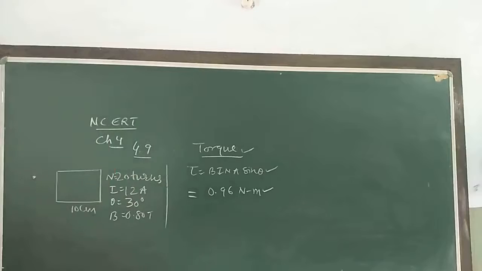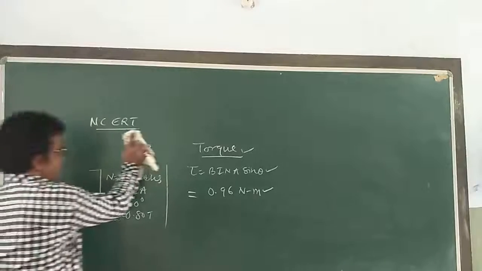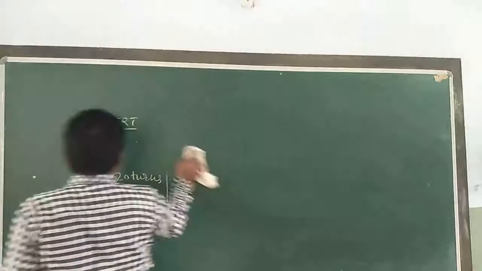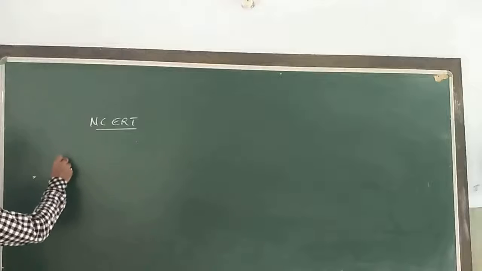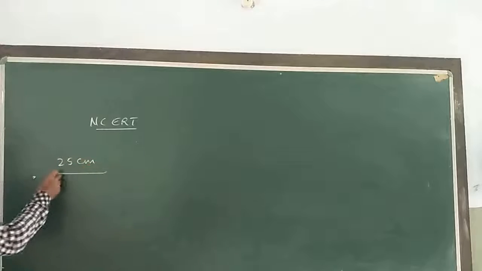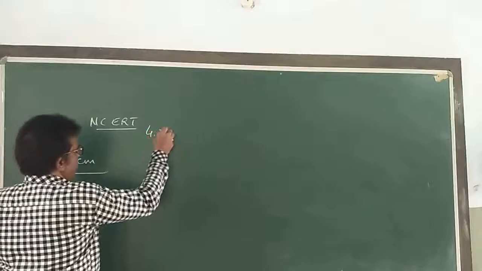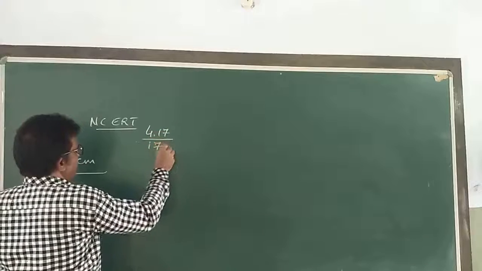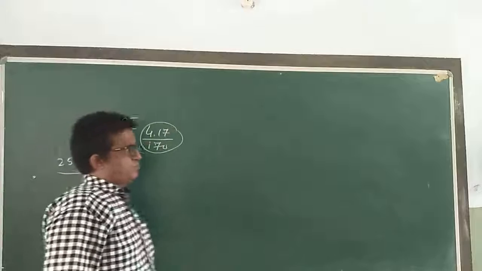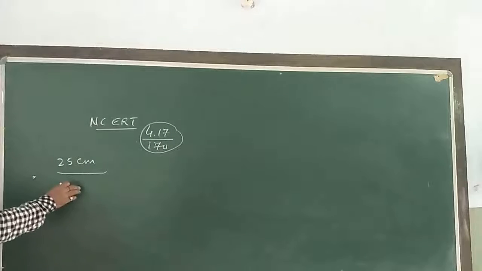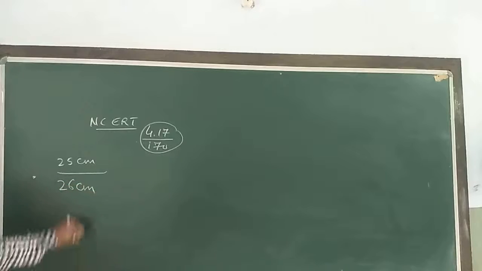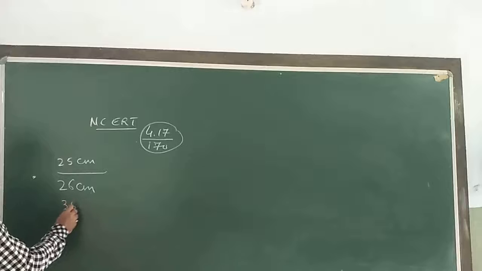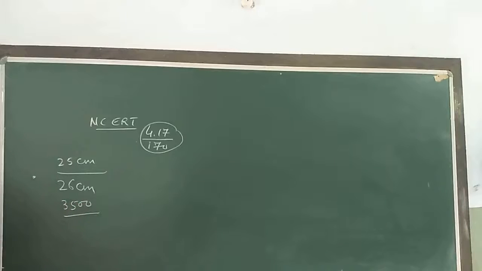A toroid has a core of inner radius 25 centimeter and outer radius 26 centimeter, around which 3500 turns of a wire are wound.